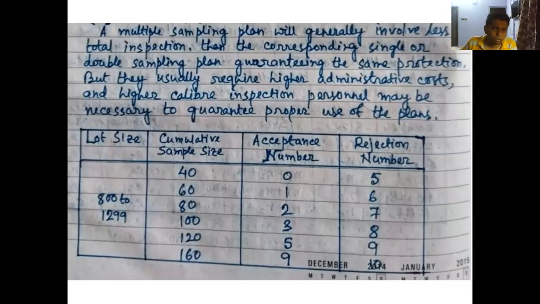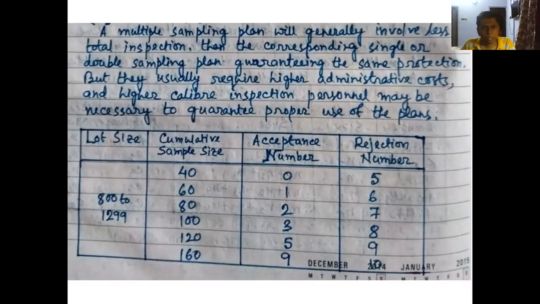So when you have a very small lot size, you can use a single sampling plan. But if you have a moderate lot size, you can go for a double sampling plan.